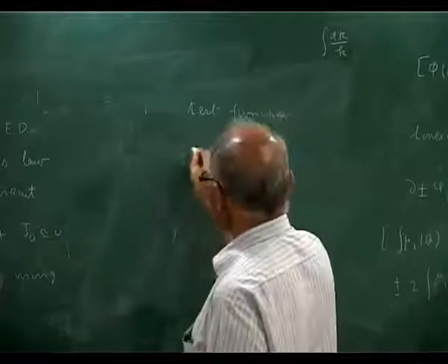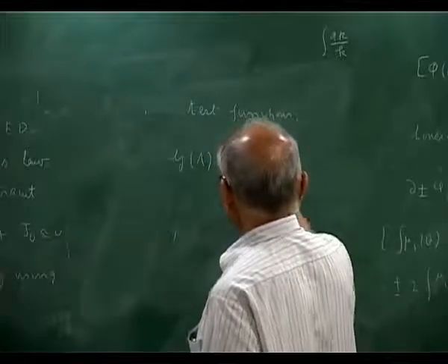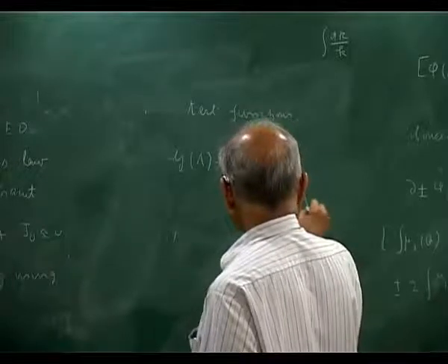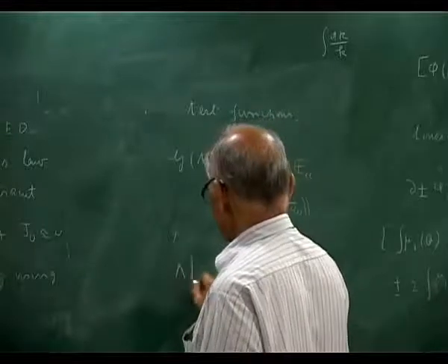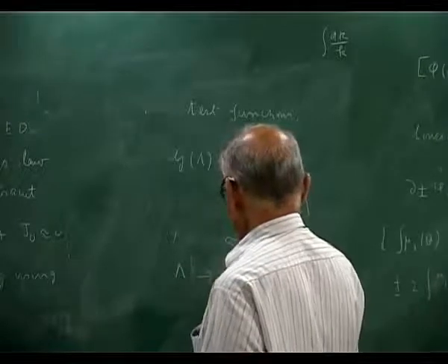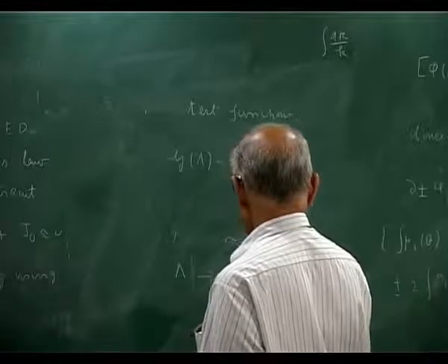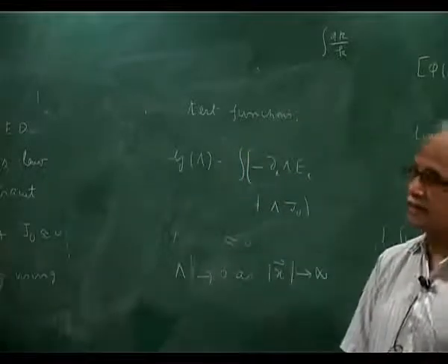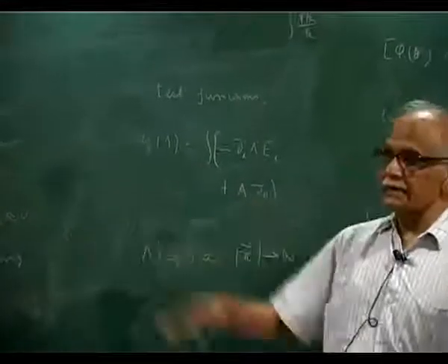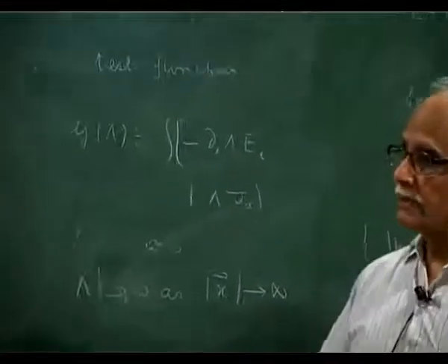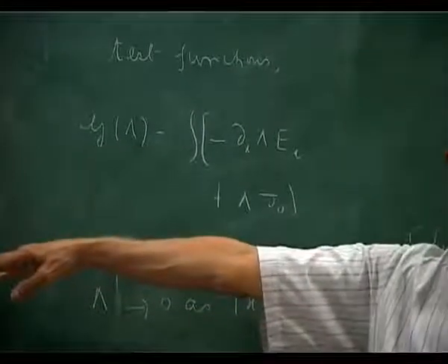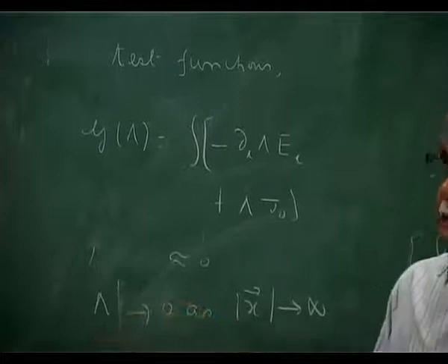So I'll write Gauss law in a different way, minus d_i lambda A_i E_i plus lambda J_0, and this is weakly 0, provided lambda at the boundary, at infinity, goes to 0 sufficiently fast. Otherwise, if I don't put this, you will not get the classical Gauss law equation, because I will not be able to do partial integration here. So the requirement of classicality, at least I don't know of a better argument, let me put it this way.